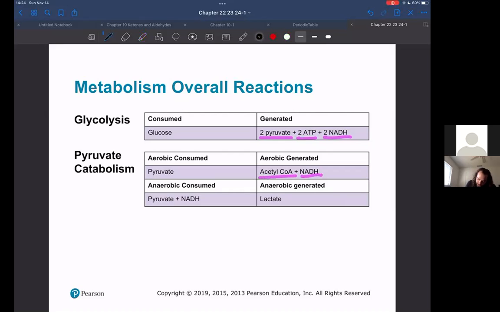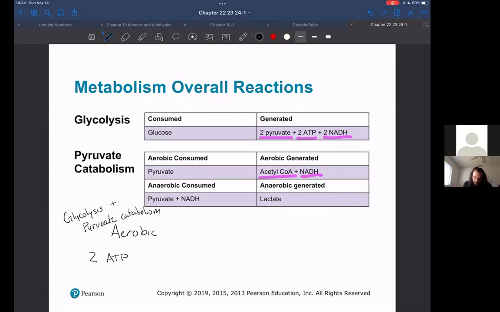Okay, so let's just make a summary here under aerobic conditions. If we have glycolysis plus pyruvate catabolism under aerobic conditions, we would get 2 molecules of ATP.